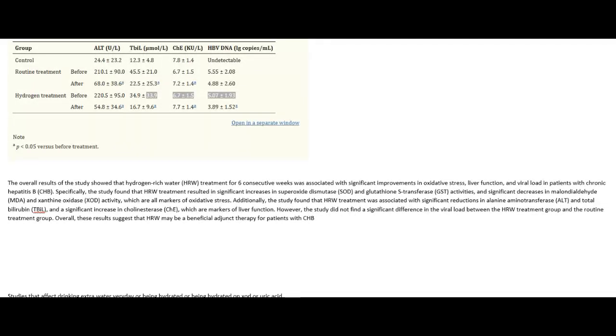The viral load means the DNA of the Hep B. Overall, the results suggest that hydrogen-rich water might be a beneficial adjunct therapy for patients with chronic hepatitis B.